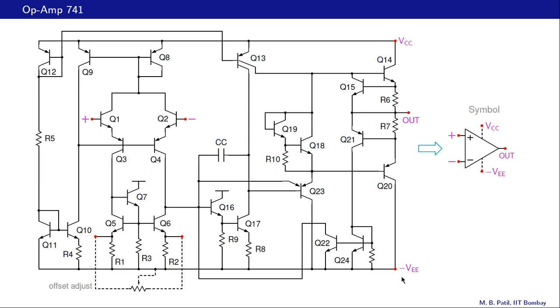And that is how the circuit is completed. When we say the op amp is sourcing a current, that means a current is coming out of the op amp, then the path that the current takes is from VCC through Q14 and out like that. So these currents are actually getting supplied by the power supply, and that becomes clear when we look at this internal circuit of the op amp.